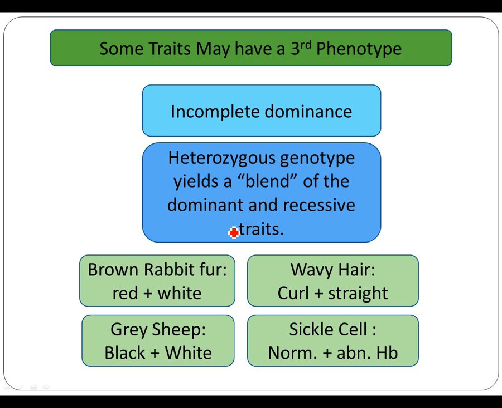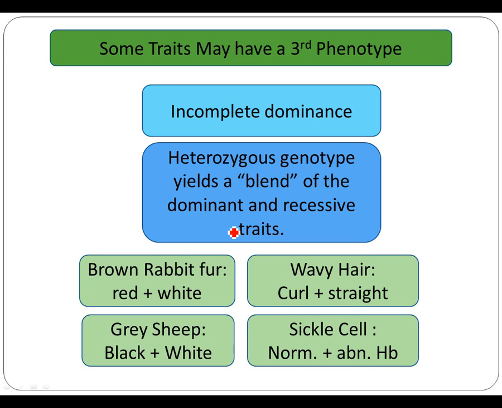brown rabbit fur, it's actually a combination of the red and white allele. Gray sheep, you ever seen a gray sheep? A blend of the black and white. You ever heard of sickle cell anemia? That's a blend in heterozygous people who have both a dominant allele for normal hemoglobin assembly and a recessive allele for improper folding of the hemoglobin.